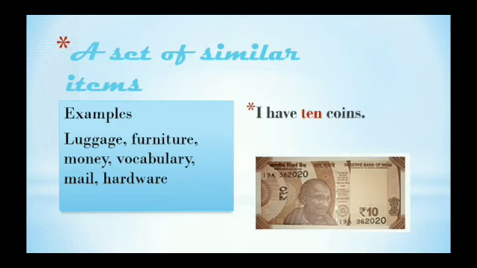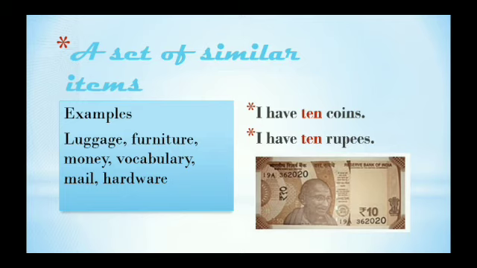I have 10 coins. I have 10 rupees. Look at these examples here. Here we are not counting the money, but we can count coins. I have 10 coins. Or we can count rupees. I have 10 rupees. I cannot say I have 10 monies. It's wrong. Even I can say I have $5.